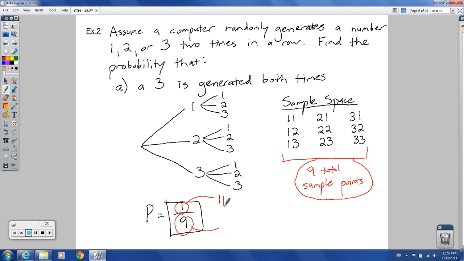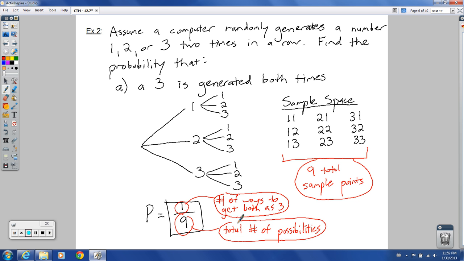This was the number of ways to get both as 3. That was a 3 and a 3. And then this was the total number of possibilities. So going back still to what we want over the total, it's still totally based on that. What we want goes on the top, and the total number of ways it can happen goes on the bottom.